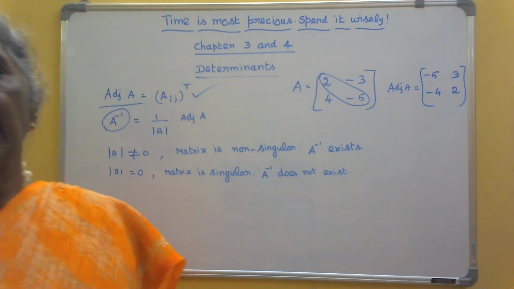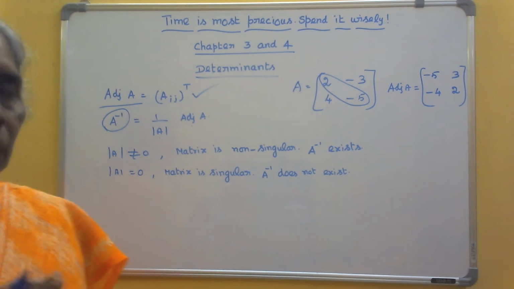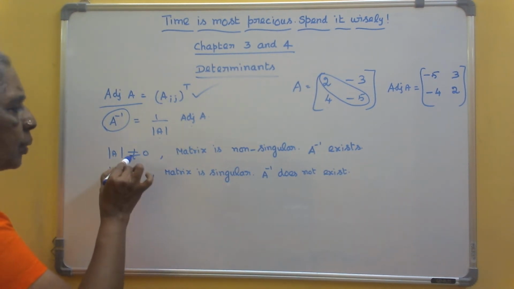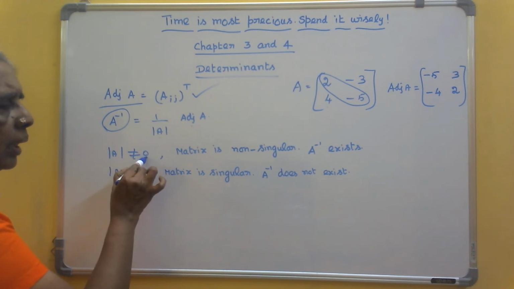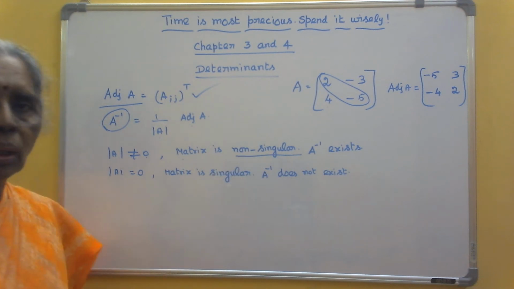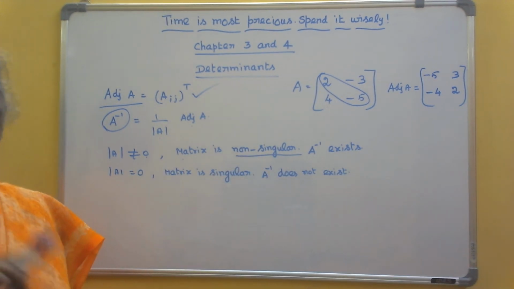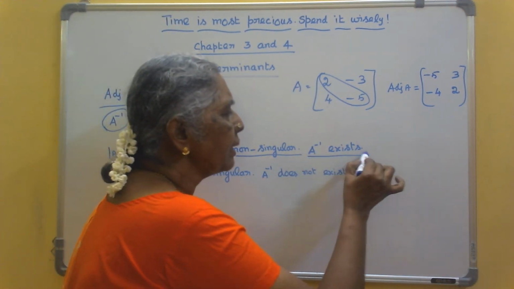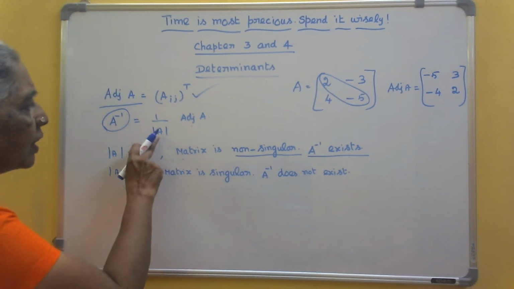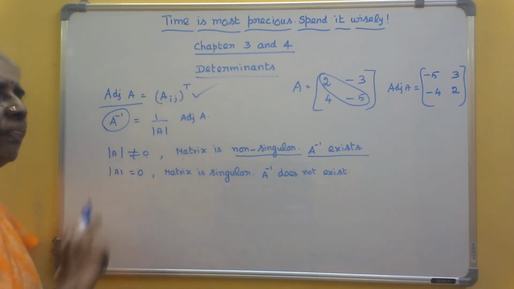Now, if the determinant A is not equal to 0, then the matrix A is called non-singular. Then only A inverse exists. Because if this becomes 0, here you will get infinity, isn't it?